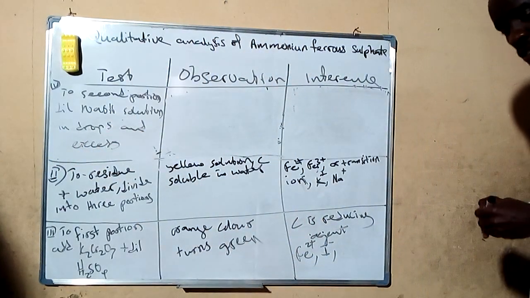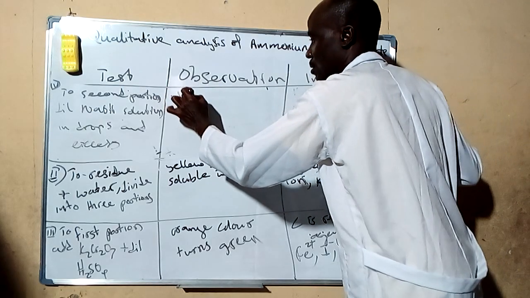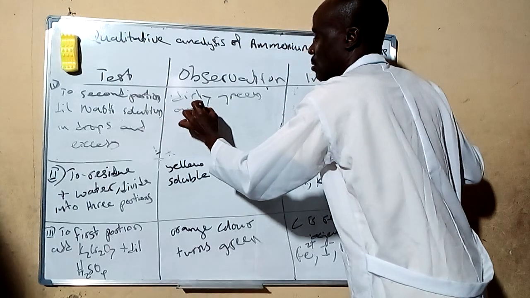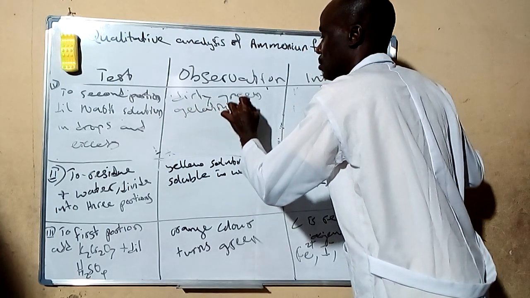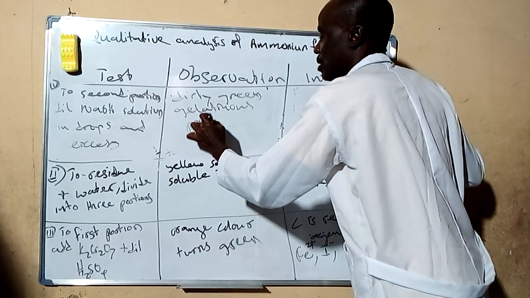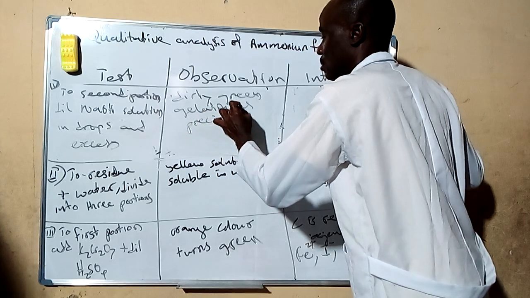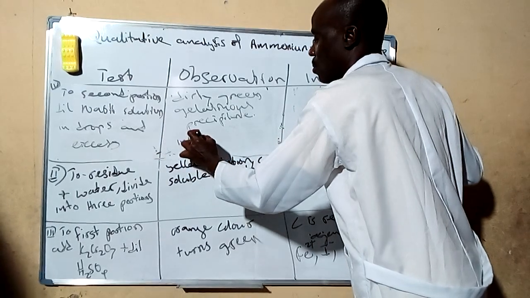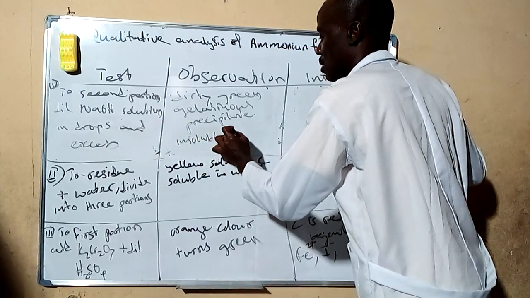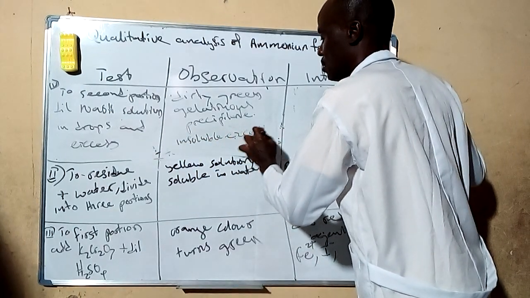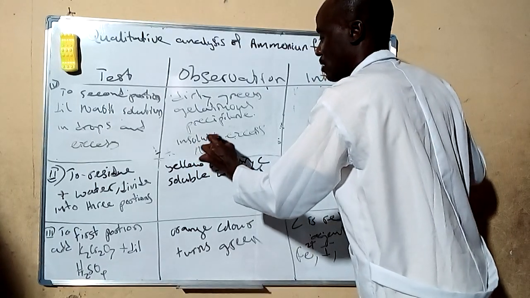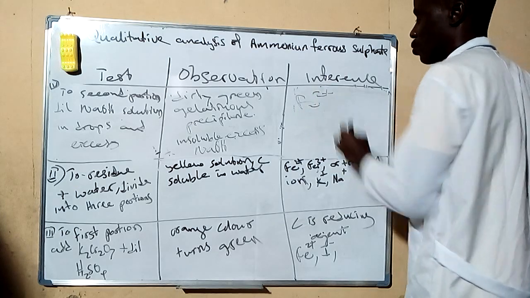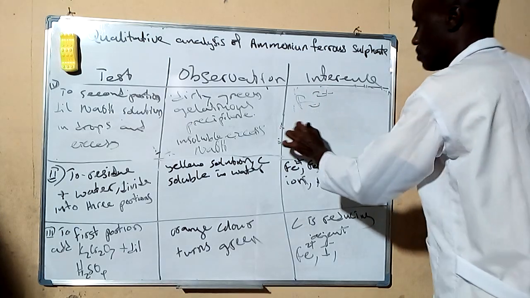What we notice is dirty green gelatinous precipitates, insoluble in excess sodium hydroxide. This confirms the presence of what? Iron 2. Confirmed.